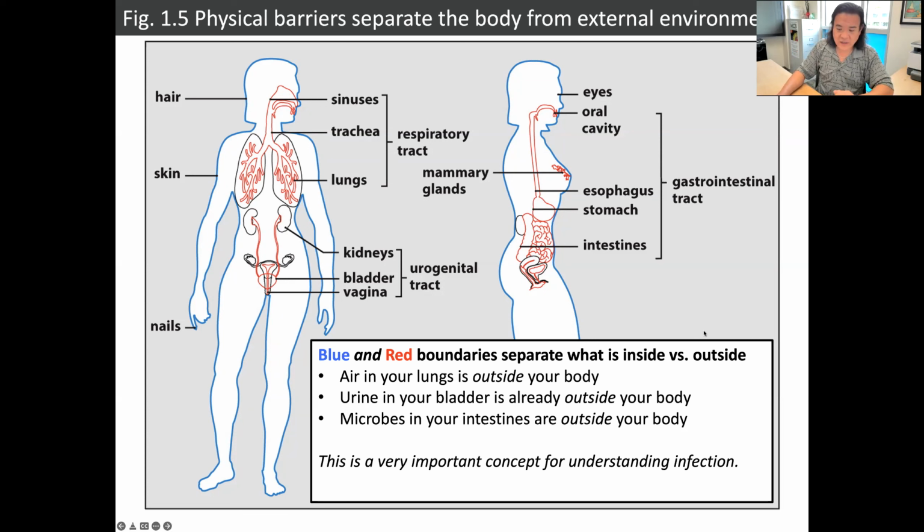And that's a very important distinction, because our definition of infection only makes sense when you realize that it just has to do with when pathogens somehow cross through those barriers and actually get into our underlying tissues.